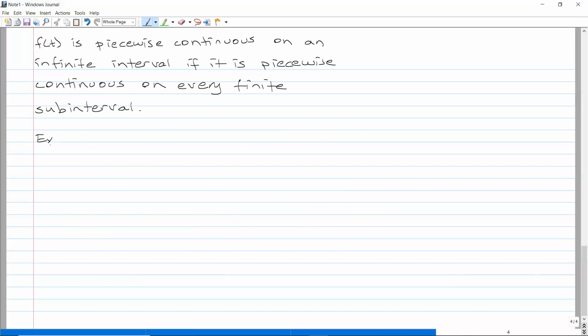An example similar to the one above. So 1, if t is between an even integer and an odd integer, closed at the even integer and open at the odd integer, and 0 if it is the other way around.